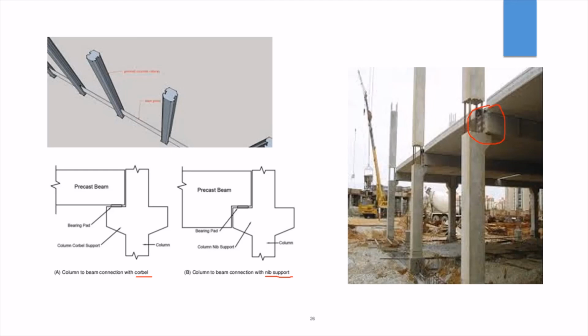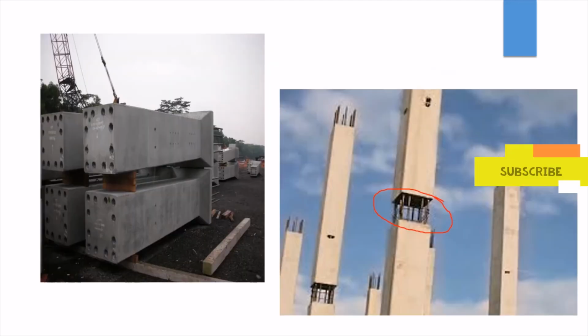In this particular site we are going for corbel. In this image you are seeing some holes in the bottom portion. These bottom portions are used for connecting with another column. Here you can see the reinforcement.